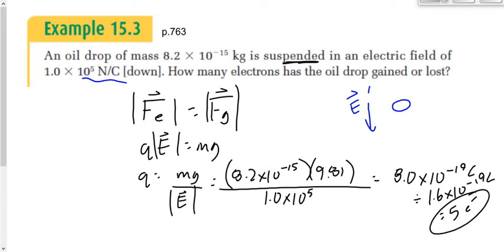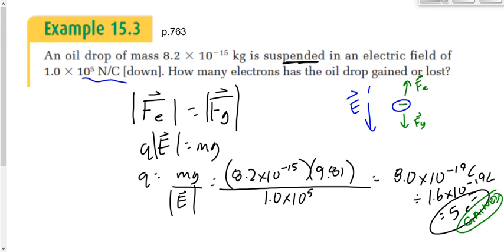But we do know the electric field is downward. We also know the force of gravity is downward on it, and we know in order to balance that, the electric force has to be upward. Positive or negative particle? If the electric force is up in a downward electric field, what kind of particle is it? Yep, negative particle, right? Okay, the force is opposite to the direction of the field for a negative particle. Therefore, it would be 5 electrons gained in this case, making it a negative particle.